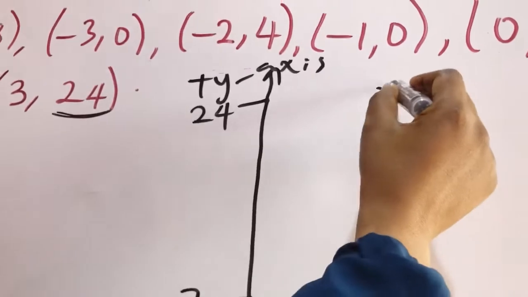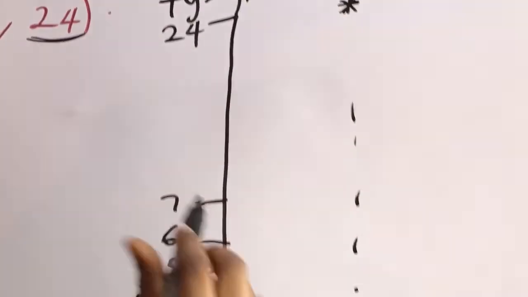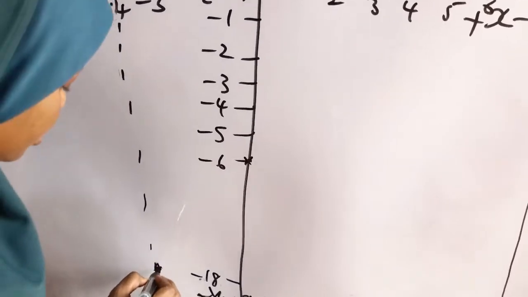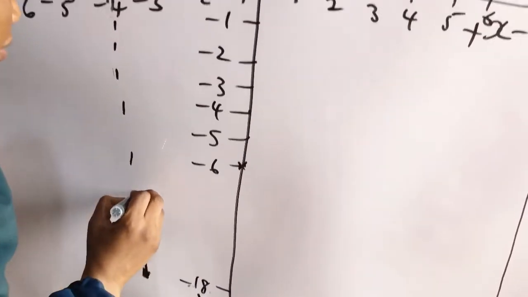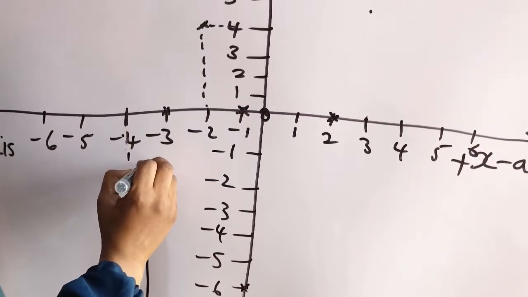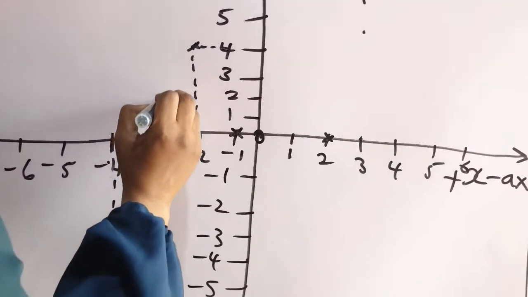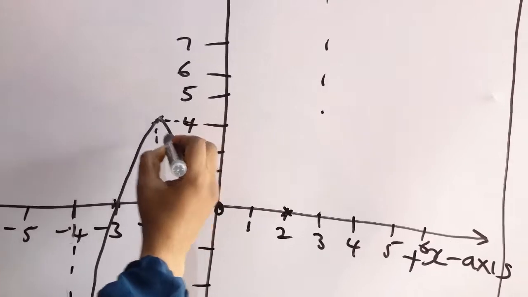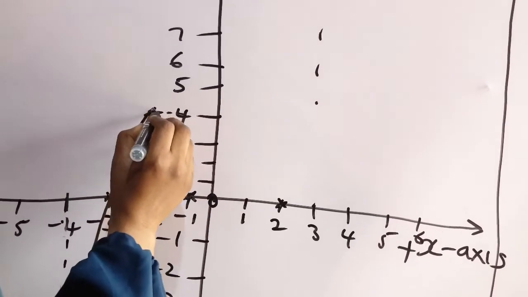So let's see how the shape of that parabola looks. Let's join the points. So from here, it touches here. It touches here. Then don't let it be sharp.